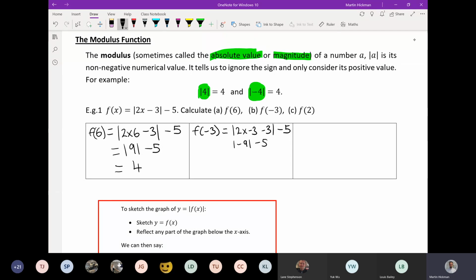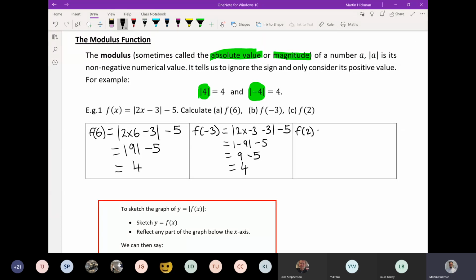So I work out the modulus of -9. I just ignore that negative sign, make it a +9, and then I take away the 5, which will also give me 4. So you can see there, I've subbed in 2 different numbers and I've got different answers. With this question, if the modulus lines weren't there, then you would have got a completely different answer. You would have got -14. But because the modulus signs are there, we end up getting +4.